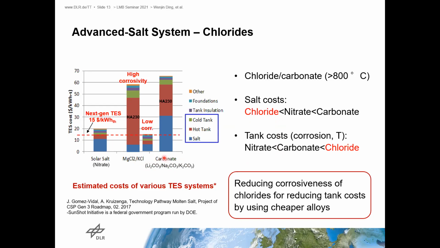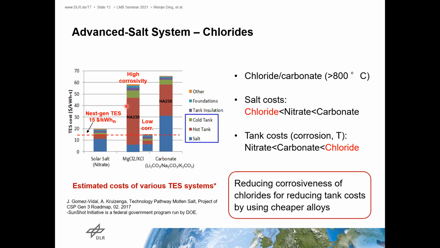The chloride has the lowest salt cost, but it's very corrosive. If we cannot control its corrosivity to the metal structure materials, the material of the tank will be very expensive.